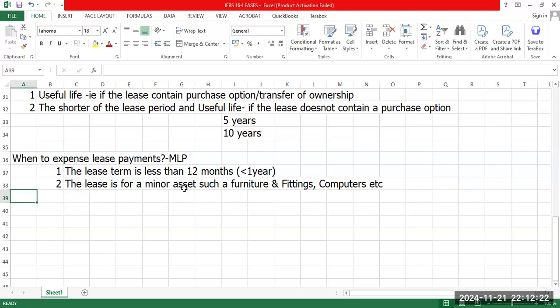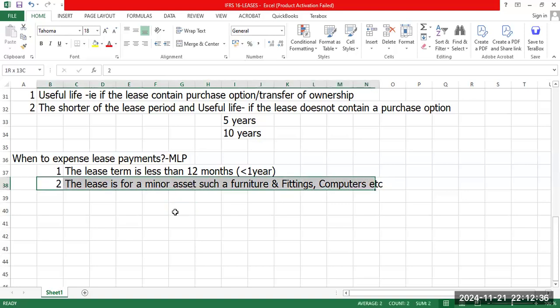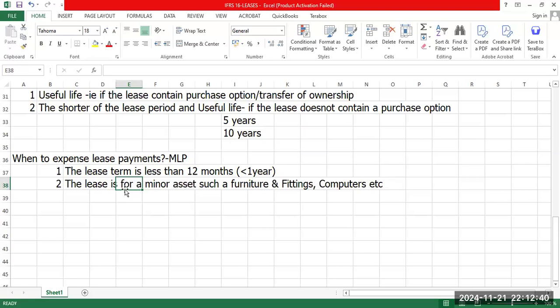It can only be a minor asset if after the lease period, that asset cannot be hired out to another lessee. Are we together, colleagues? If you confirm that that asset cannot be hired out to another customer, then that is a minor asset.